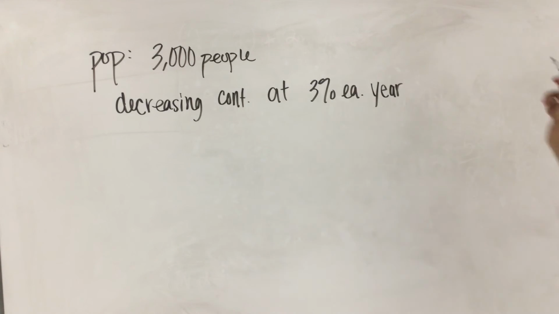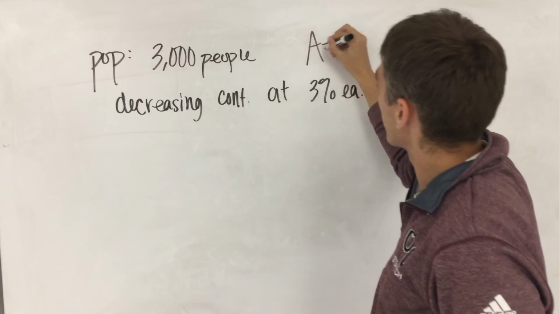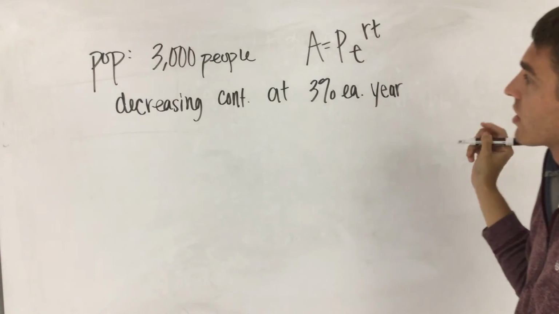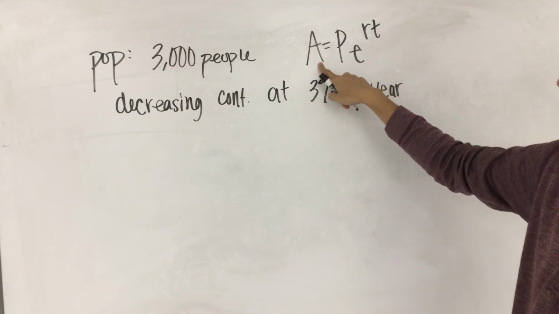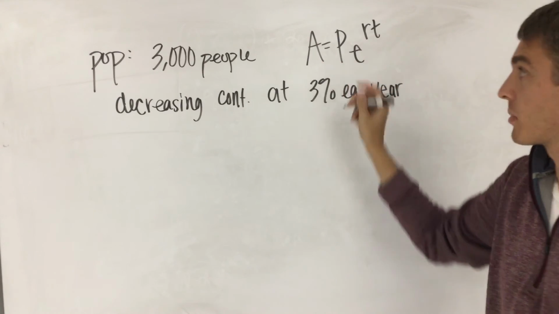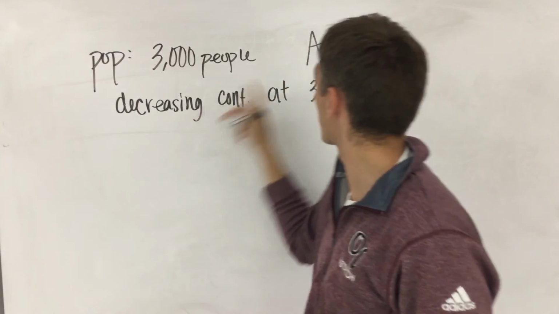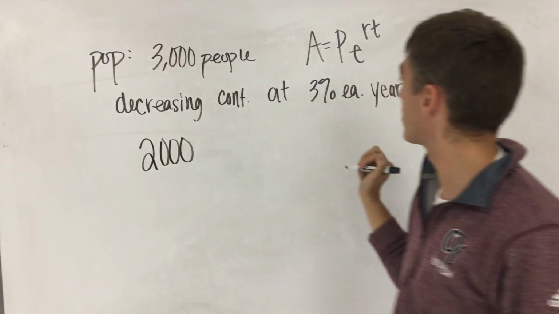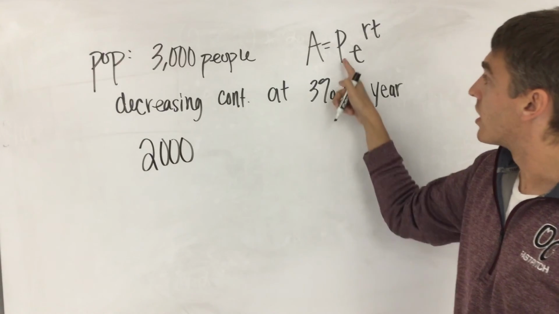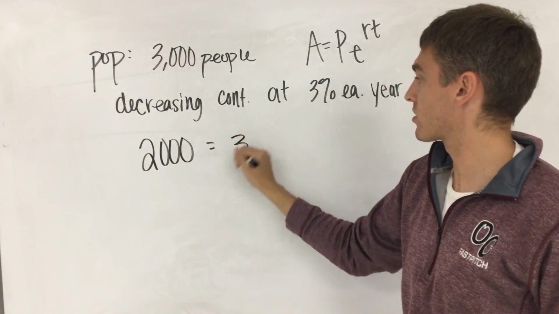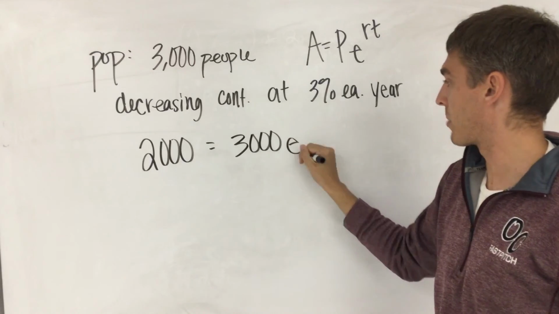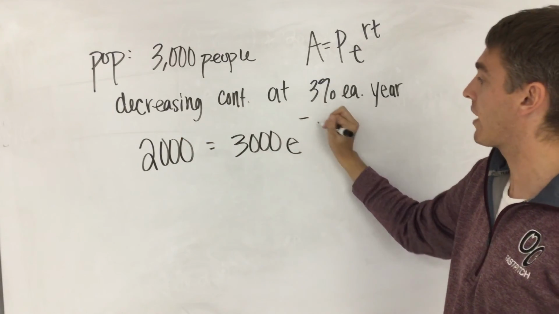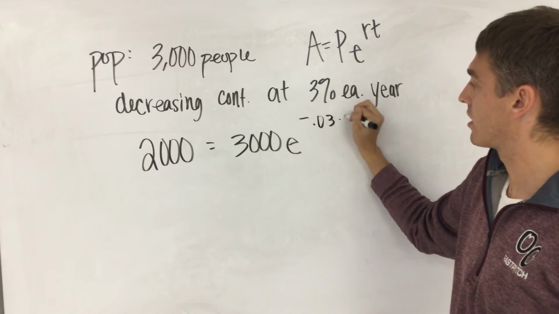So our continuous formula, A equals P e to the rt. Okay, after how long will it take the population to reach 2,000 people? Okay, so our amount is 2,000. Our starting amount was 3,000. Our base is e. Our rate is a decrease at 3%, so minus 0.03 times t.